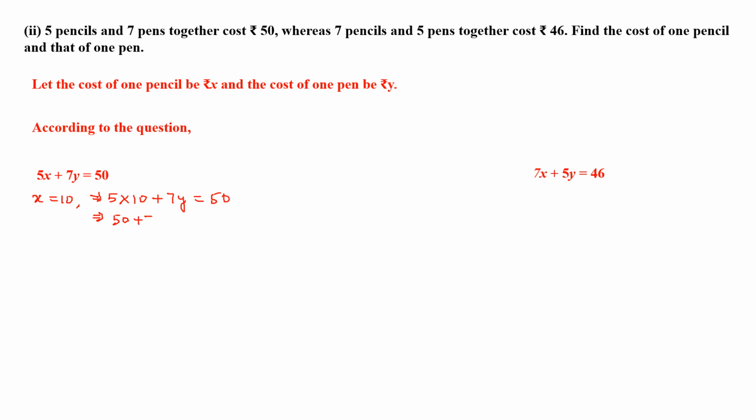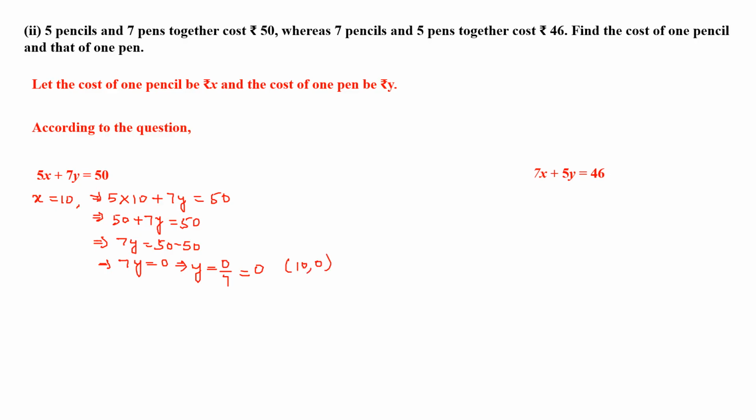So 50 plus 7y equal to 50, and 7y equal to 50 minus 50, which will give me 0. So 7y is 0, which means y is 0 by 7, which is 0. So my first coordinate is 10, 0.